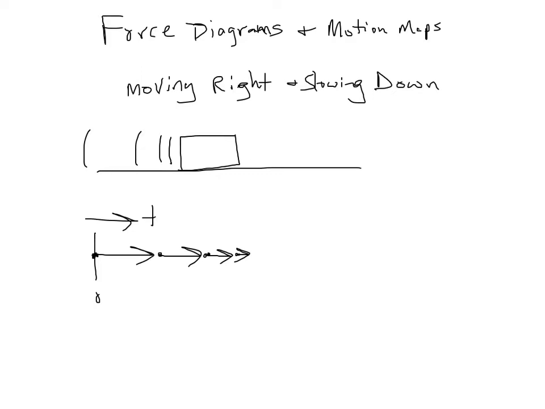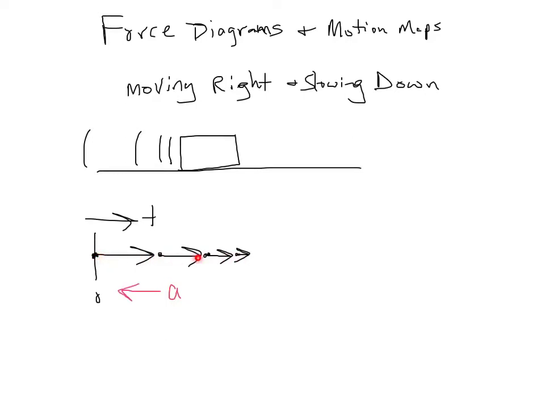Now, for the acceleration that we would put in here, we have to indicate what direction the acceleration is for this scenario. Because it's moving to the right but slowing down, the acceleration has to be in the opposite direction as the velocity.